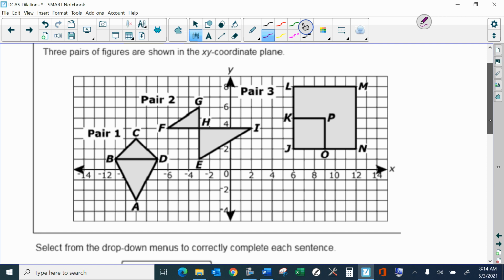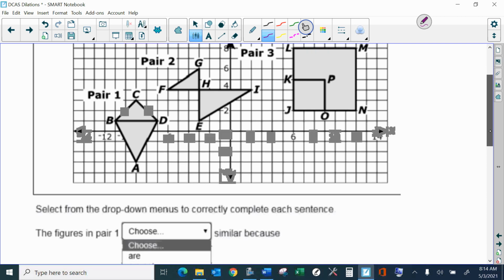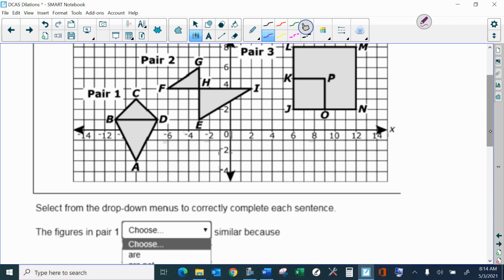3 pairs of figures are shown here. Select from the drop-down menu to correctly complete each sentence. The figures in pair 1, that's these 2 triangles right here, are similar or are not similar. So do they look to be similar? If I look here, notice I see it's up 2, right 2, and this is up 2, left 2.